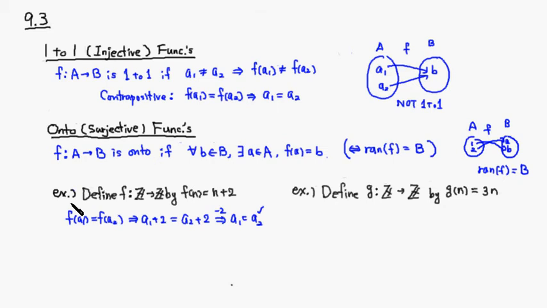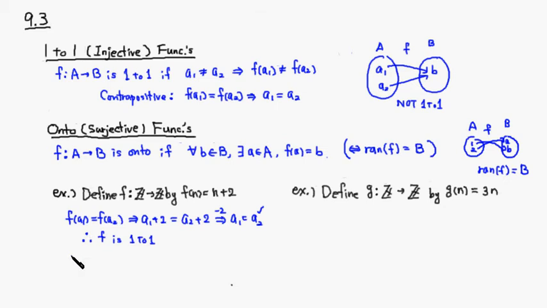So this means that f is one-to-one because it satisfies this contrapositive condition right here. So therefore f is one-to-one.